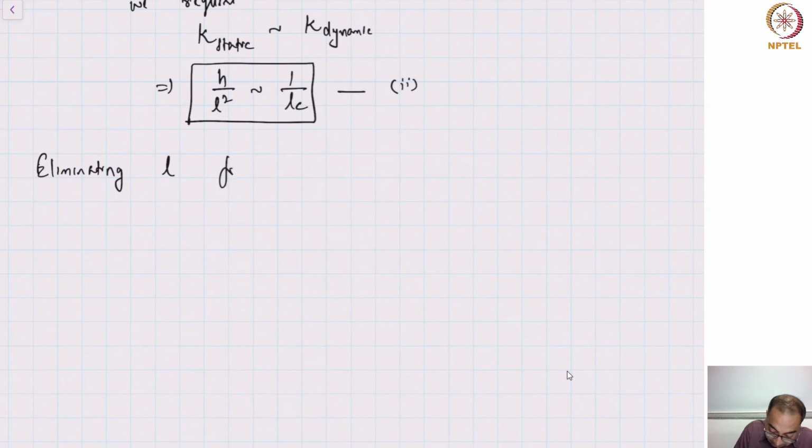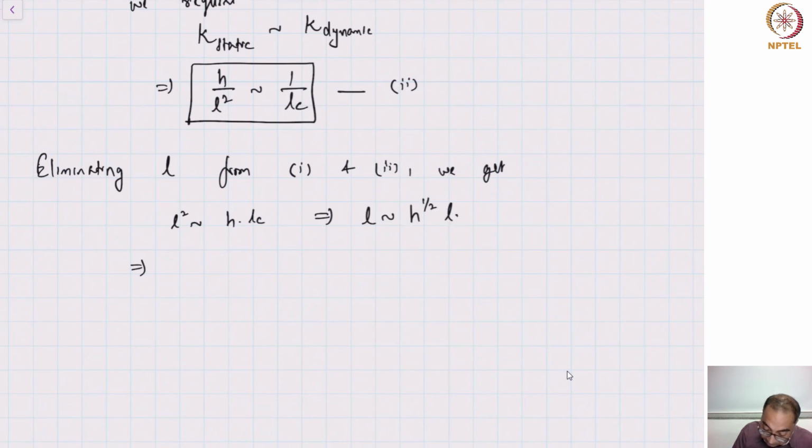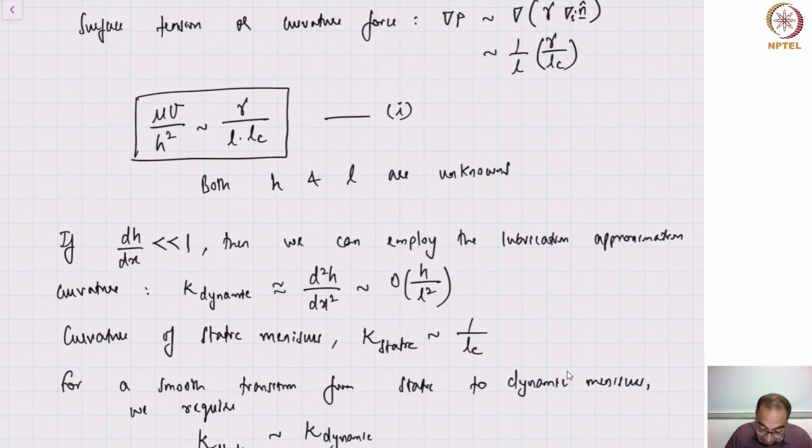Eliminating L from 1 and 2, let's say I can take the second equation, L square goes like h times LC, and I can substitute this L in equation 1.